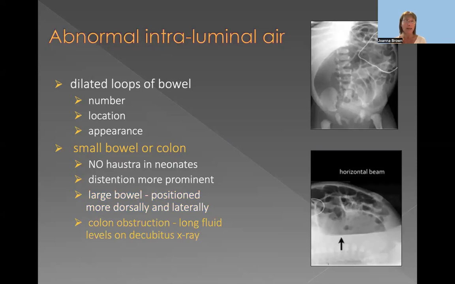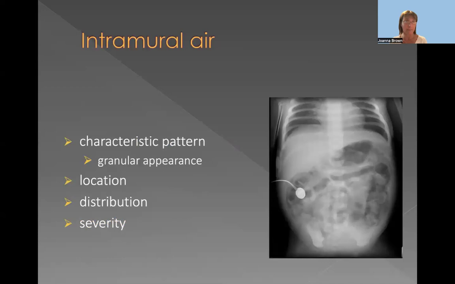And on the decubitus films or on the horizontal beam films, when you have a large bowel obstruction, you will have very long fluid levels on these X-rays, because the loops of the large bowel are much longer, while loops of the small bowel will be more packed together and will look like a shorter segment. So this part was about the air and the abnormality within the lumen of the bowel.